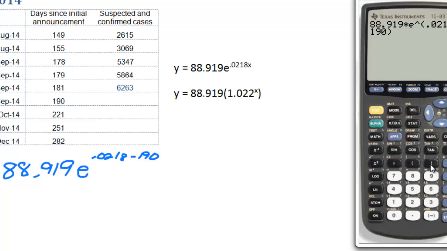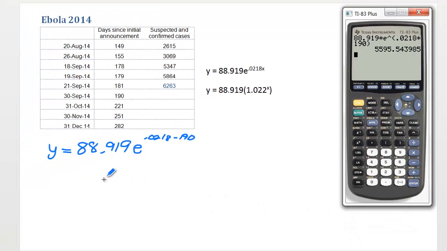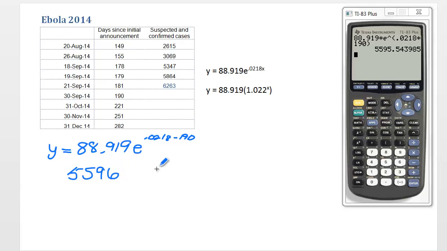Close our parentheses and press enter. So this model is predicting 5,595 cases, actually 5,596 cases on September 30th.